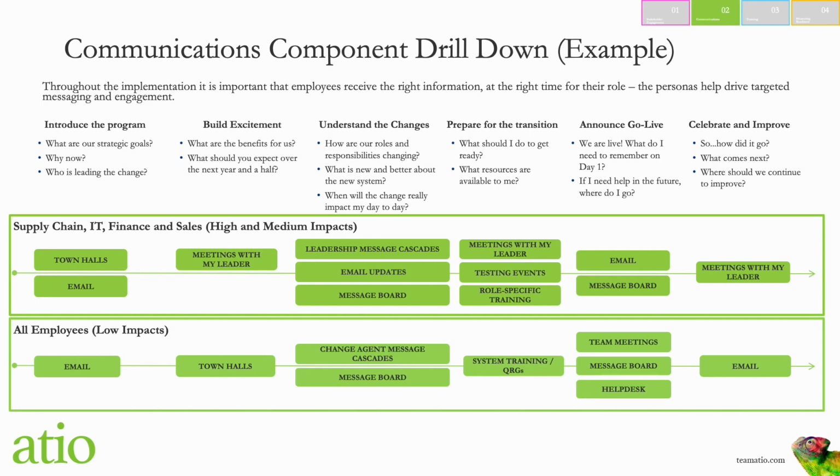In this case, we're talking about the different phases of the project and what we want to focus on across the top. And in the bottom, we're looking at what are the different channels that we're going to use in order to introduce the program, build excitement, understand the changes, etc.